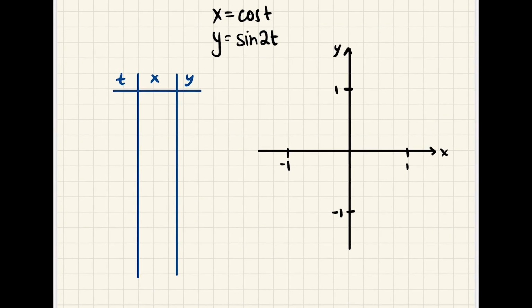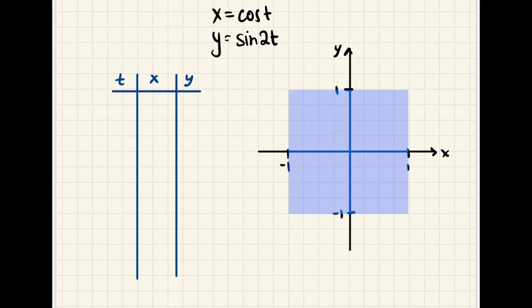So the entire graph is going to live in this space right here. All right, and let's also choose t values that are really nice for trigonometry. So these are angles that should be like pi over stuff, right? We don't just want to let t equal 7, right? That's a bad idea. So let's start with t equals 0.